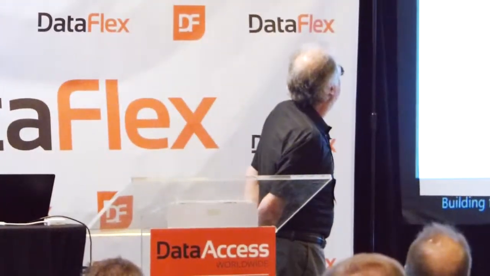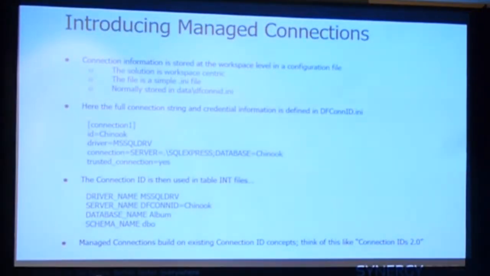So we introduced, and are introducing in 19.0, managed connections. It works in a very similar way. It still uses the same connection IDs, but where the connection information, the server string information, is stored is now fixed, and there's an interface to work with it. Basically, each connection's information is stored at a workspace level, which is what was missing before.